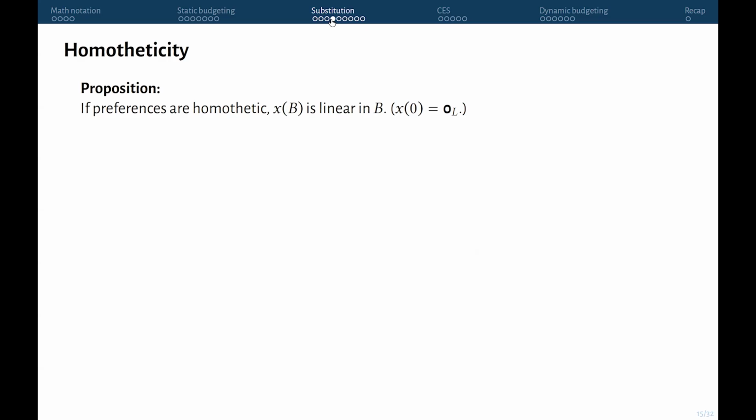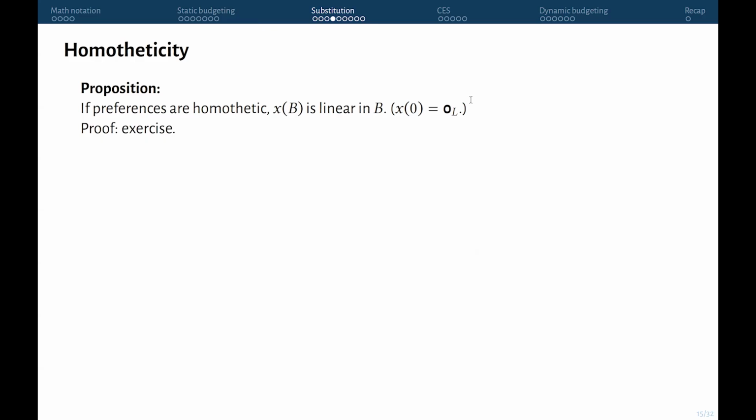Okay, so to start making sure we understand the mechanics of homotheticity, we can just start with this proposition. If preferences are homothetic, the Engel curves will be linear. So every time your budget doubles, you'll spend twice as much on everything. Of course, if your budget's 0, you won't buy any of anything.